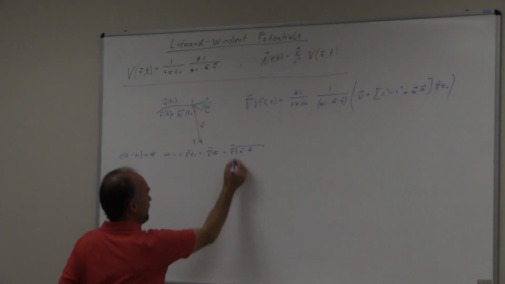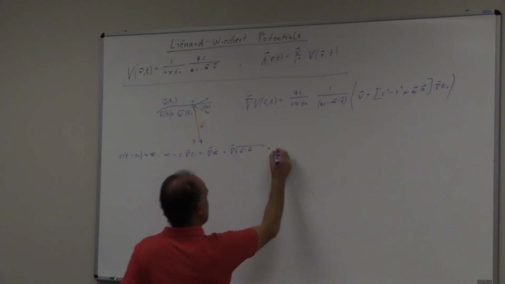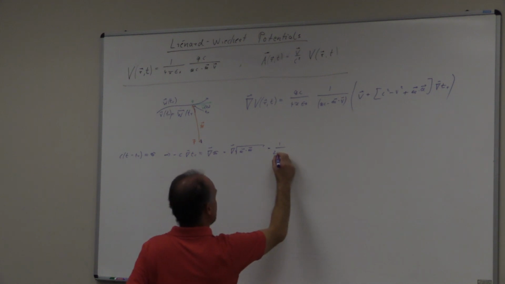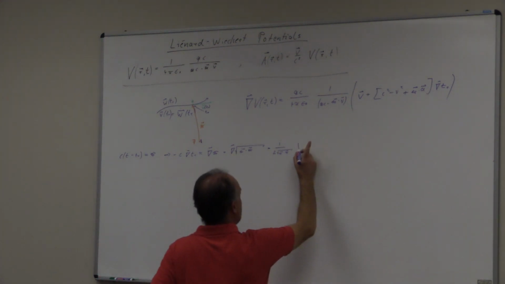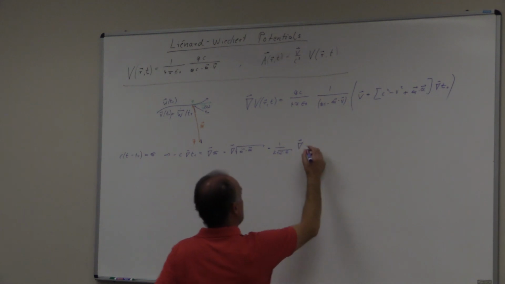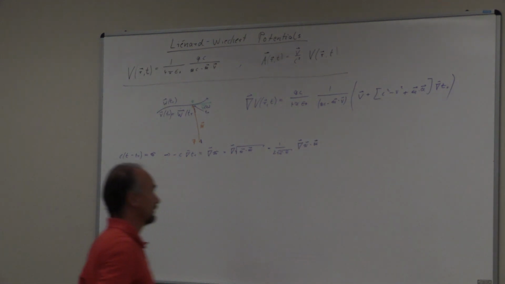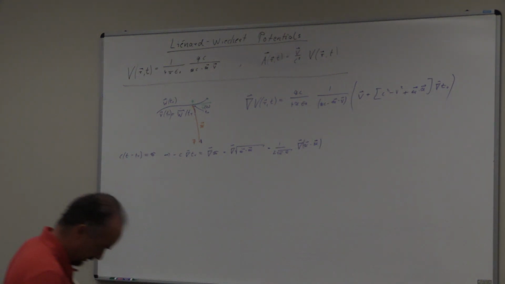Good. Gradient of the square root is first of all just the derivative of the square root. So this is 1 over 2 times the square root. And then we have the gradient of R.